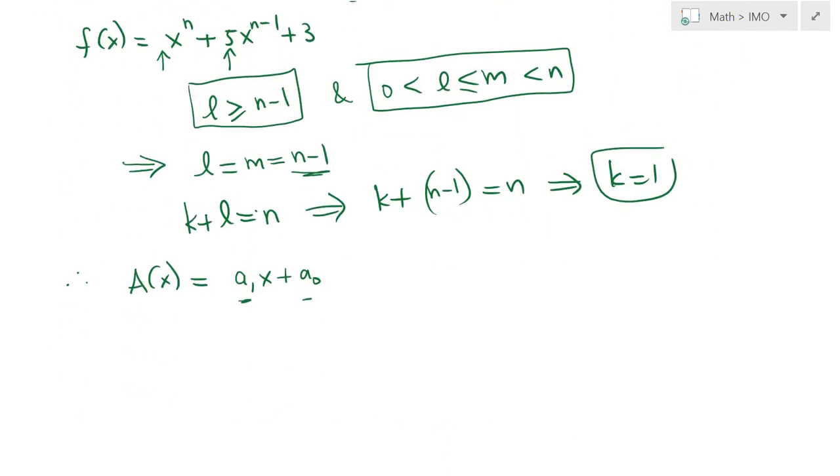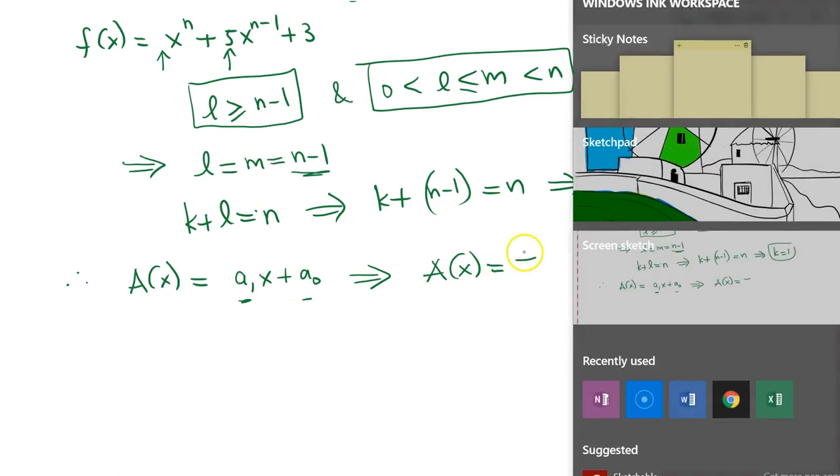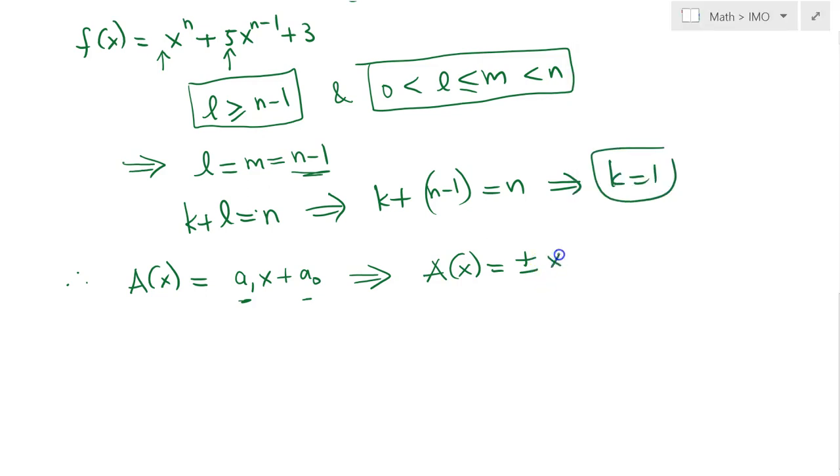So our polynomial a of x is plus or minus x and then plus or minus 1, so the order doesn't matter in this case.